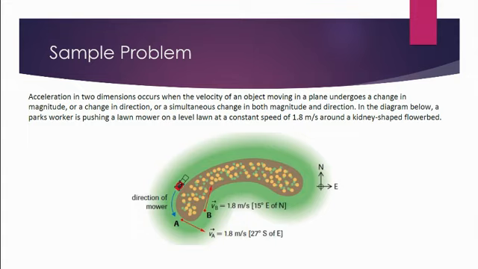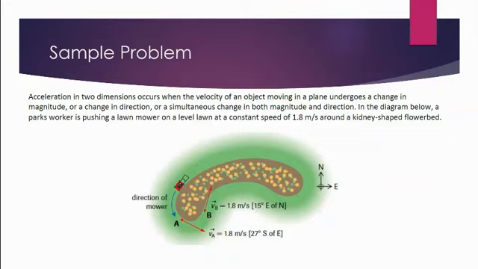We have a lawnmower mowing around a kidney-shaped garden, and the lawnmower is moving at a constant speed of 1.8 meters per second. Now, acceleration occurs when the velocity of an object changes. In one dimension, that might mean it's speeding up or slowing down. But in two dimensions, like on a plane, that could just mean the object is changing direction.